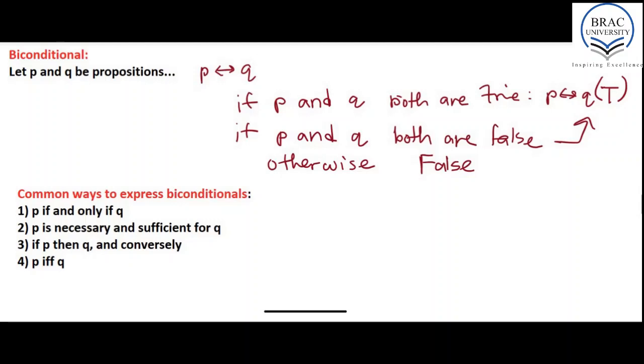This is the case when P implies Q is true and Q implies P is also true. Then this is the biconditional. If we see the truth table, we can find out why this is happening.